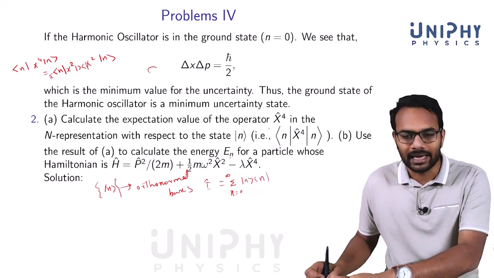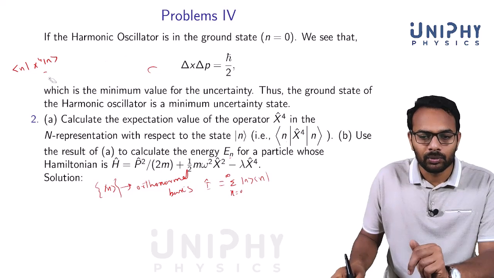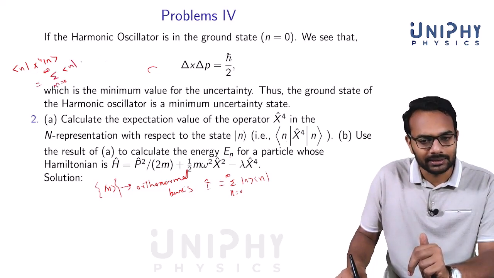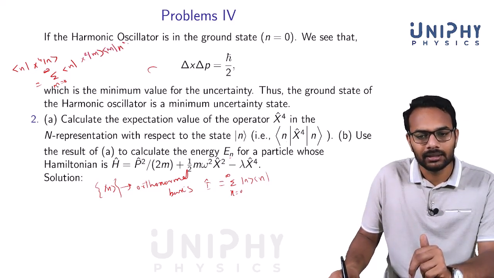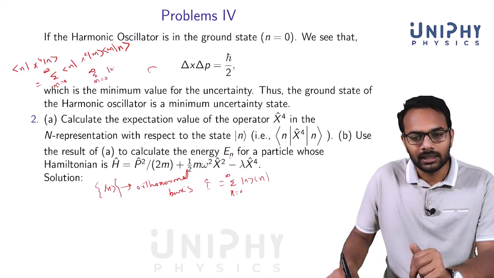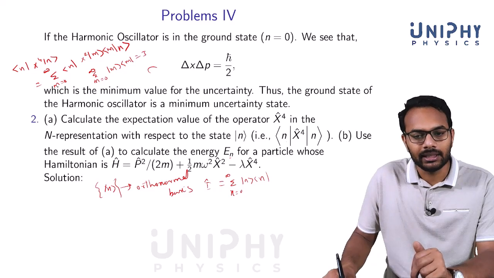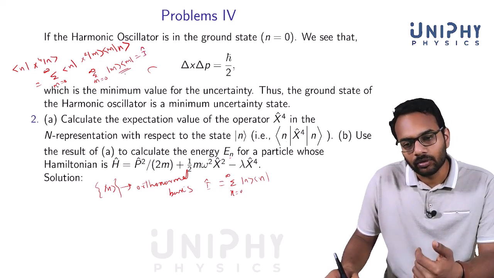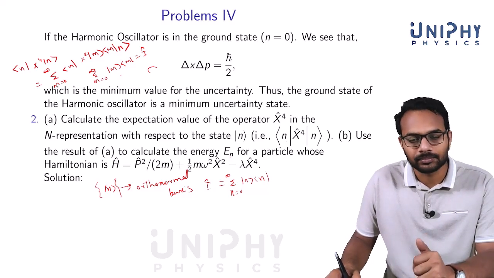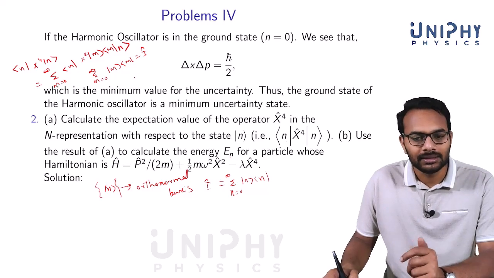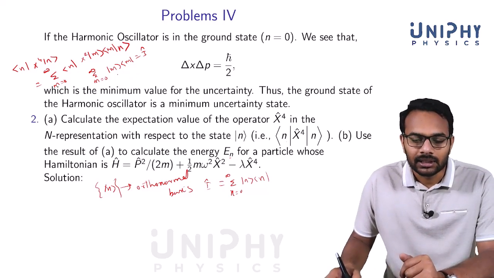We will use m. So, we will write this as summation m equal to 0 to infinity, n, then x square, then here we put the identity, where summation m equal to 0 to infinity, ket m bra m is the identity operator. These are the energy eigenstates, or the occupation number states. So, we can introduce this identity operator in here. This is a trick that is useful many times.